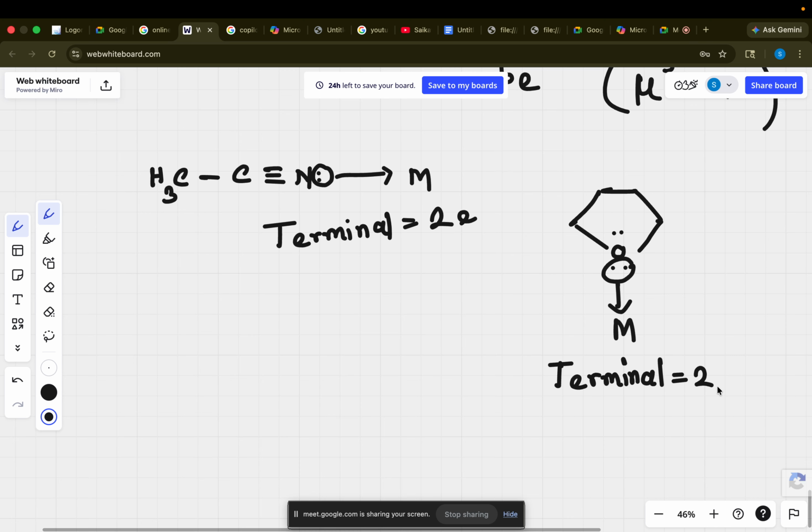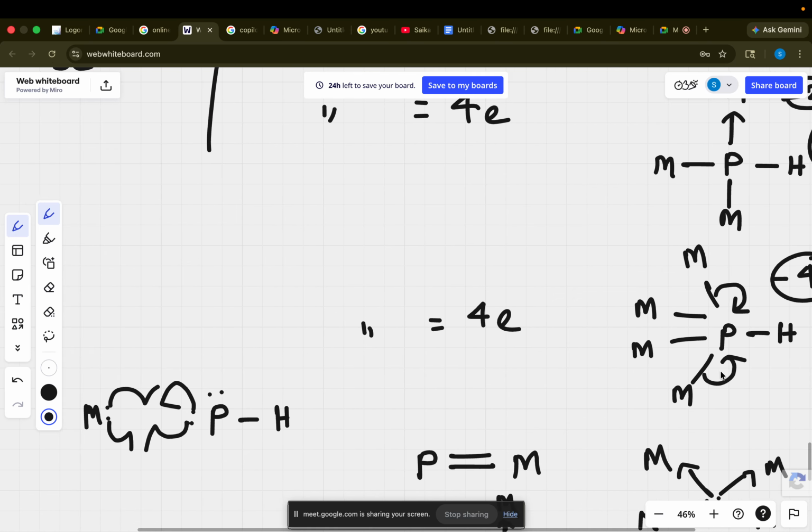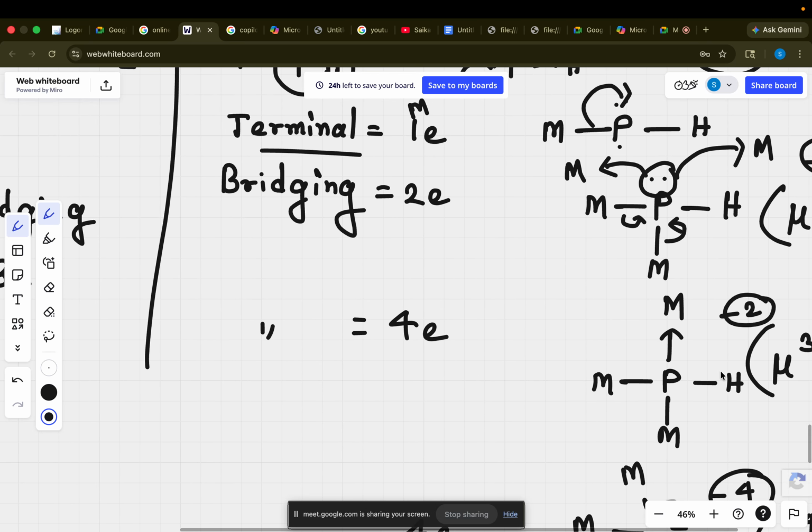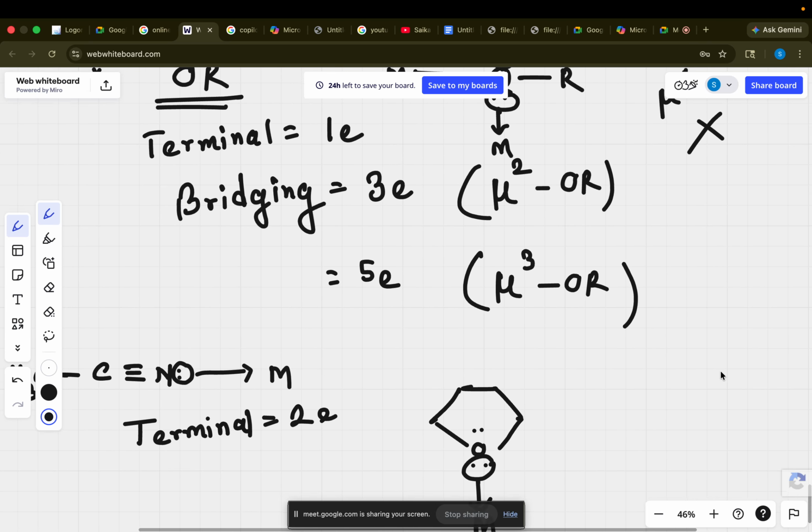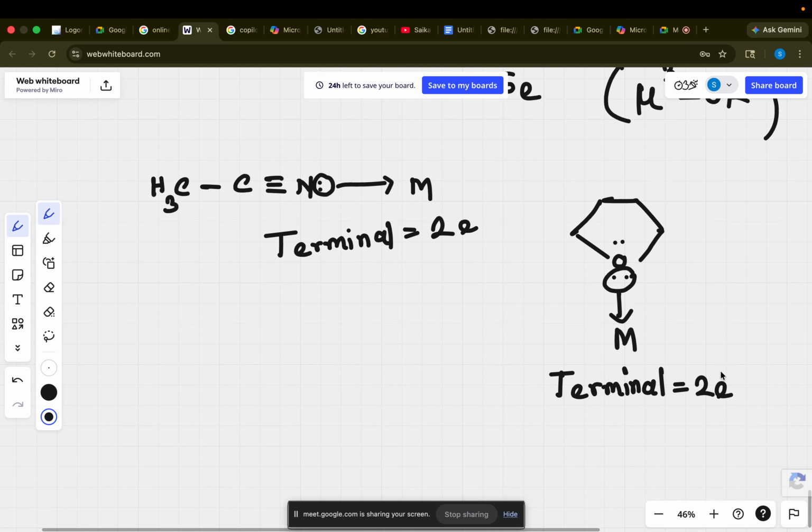See, initially in the examples we were doing only terminal equal to 1 electron, but terminal equal to 2 electrons is also possible when you have no option. Here this nitrogen has no option, it has to attach with only one metal center because all the electrons are already involved, right? And this lone pair it can donate to the other metal center. So if it is acting as a bridging ligand, that time it will donate 4 electrons.